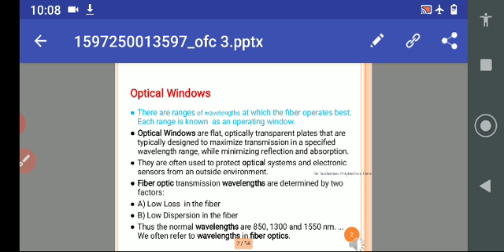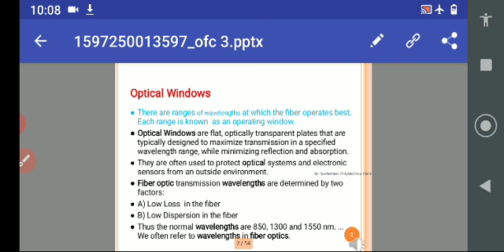There are ranges of wavelength at which the fiber operates at its best. This range is known as the operating window. Optical windows are flat, optically transparent ranges that are typically designed to maximize the transmission in a selected wavelength range.